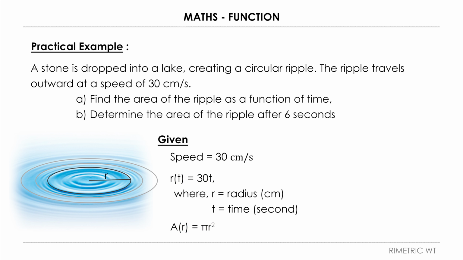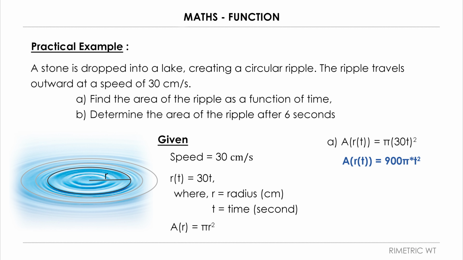Since the question asks for the function of area in terms of t, or time, we substitute the function r of t into the variable r, or radius, in the area function. So when we do, we get A of r of t is pi times 30t the whole squared, and this results in the area of the ripple being 900 pi times t squared. This is the area of the ripple as a function of time t in seconds.